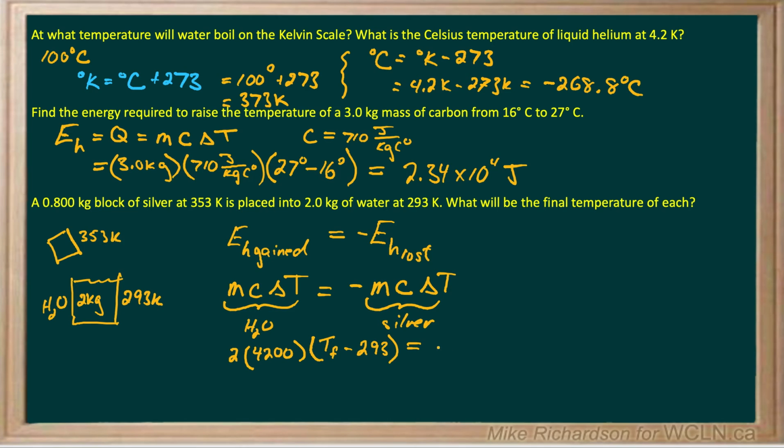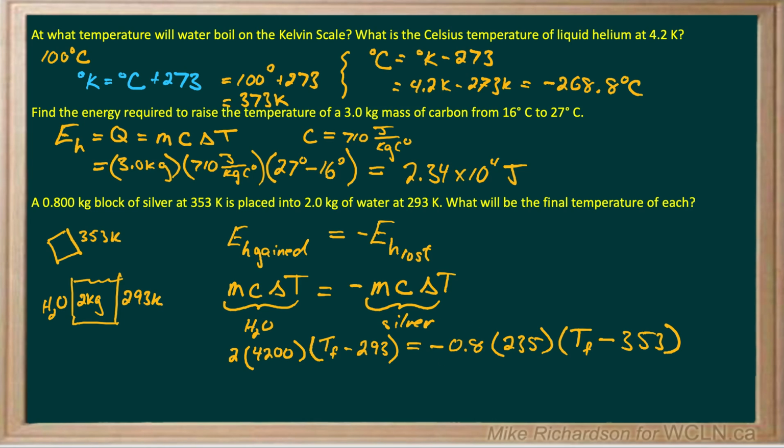And all of that equals negative, and our mass of silver is 0.8. Specific heat of silver, when you look it up on your table, is 235. And the change in temperature of silver, T final, that's the same final temperature of the water. It's said to reach an equilibrium value. So that's when the heat stops flowing, is when they both have the same final temperature. Minus T initial, which is 353.